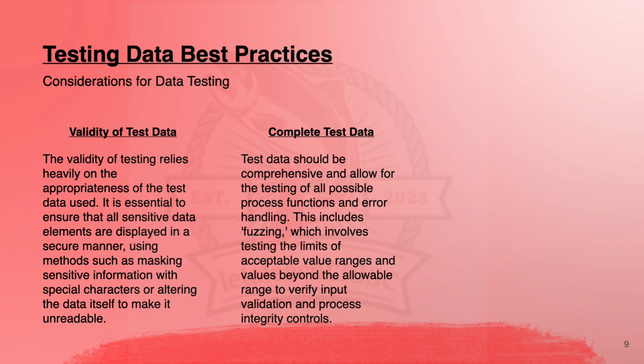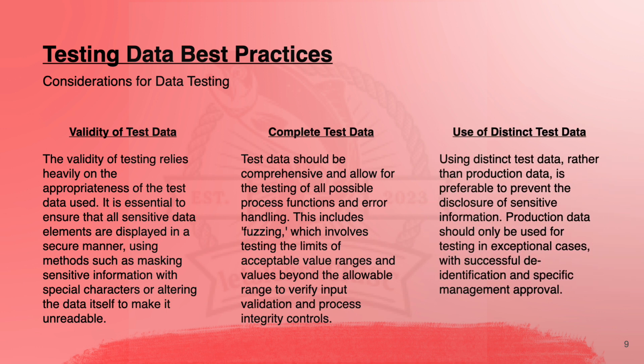Let us understand with an example. Imagine you are testing a calculator app. Complete test data would involve not only checking basic arithmetic, but also trying extreme cases like dividing by zero or entering a very large number to ensure that the calculator handles all the inputs correctly.